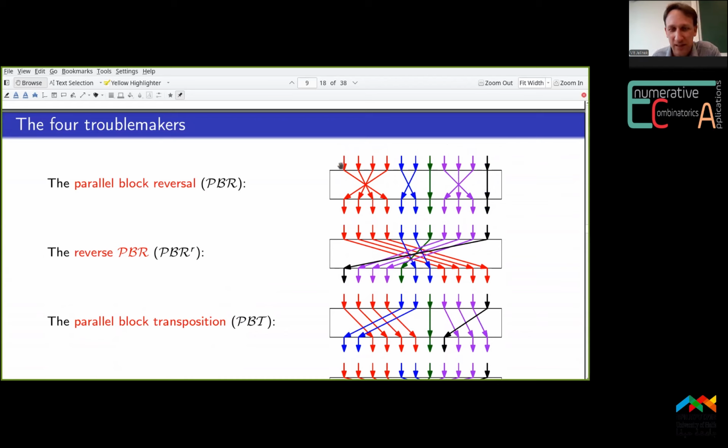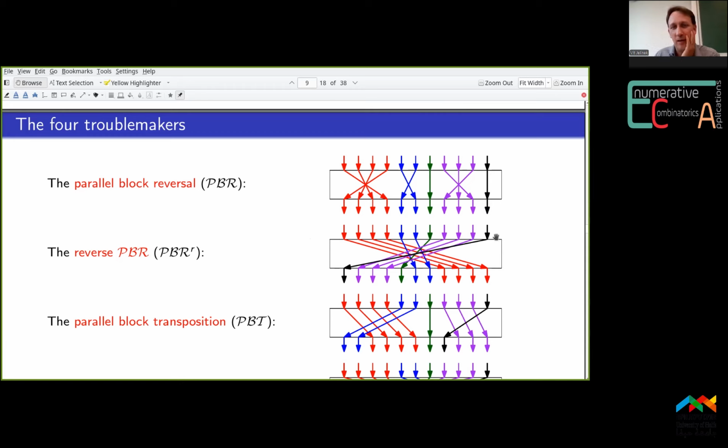So that's the class where you are allowed to split the input into consecutive blocks and then in parallel reverse the order of all the blocks. And then there is the class reverse parallel block reversals, which does the same thing as the parallel block reversals do, except after reversing the blocks, you also reverse the entire sequence.